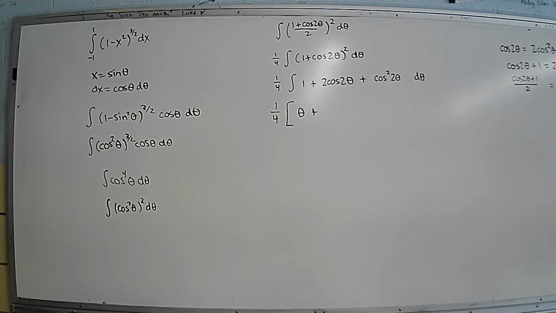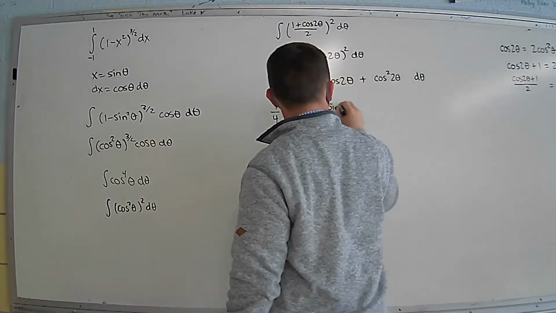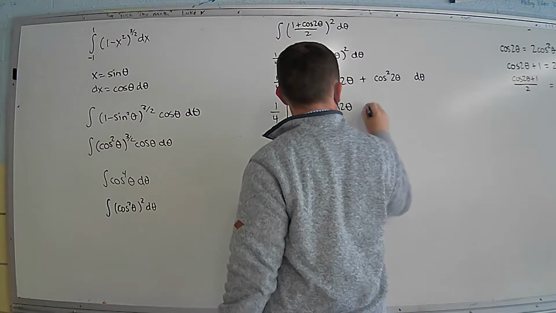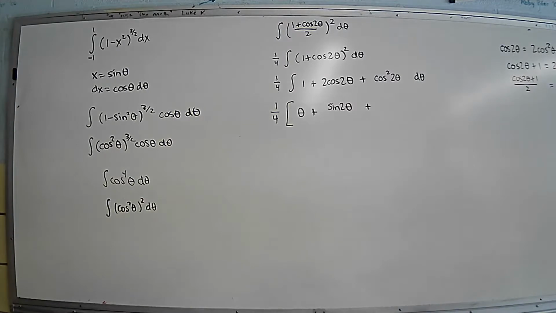Isn't it just sine of 2 theta? What's the antiderivative of cosine squared of 2 theta? Oh, shoot. I know the antiderivative of cosine squared of 1 theta. What's the antiderivative of cosine squared of 2 theta?